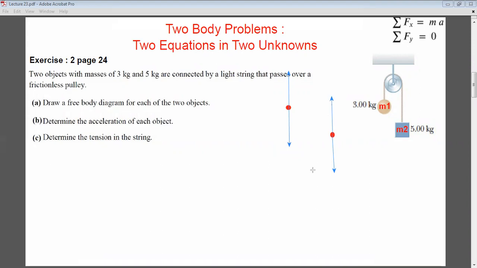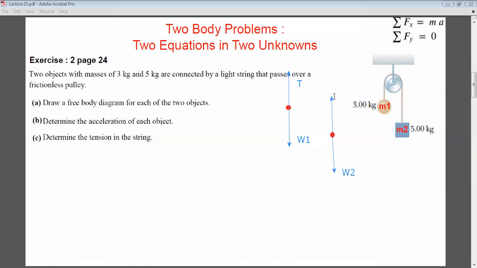But now this is what I want you to know. If they tell me that the pulley is frictionless and this rope is inextensible, then tension 1 and tension 2 are equal. So instead of saying tension 1 and tension 2, I will just say tension. And this is weight 1. And this here is weight 2.